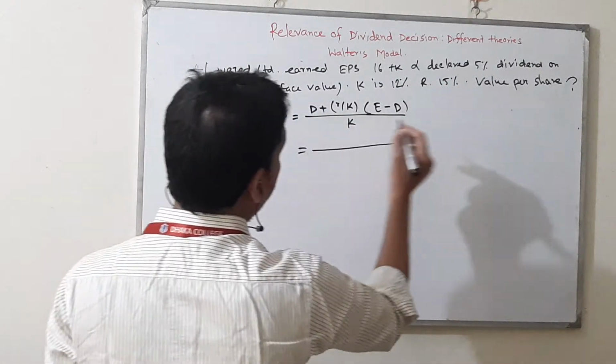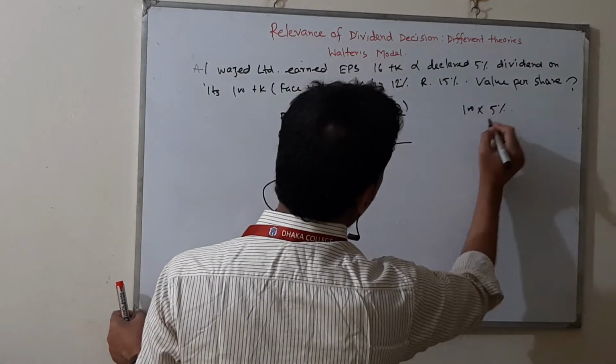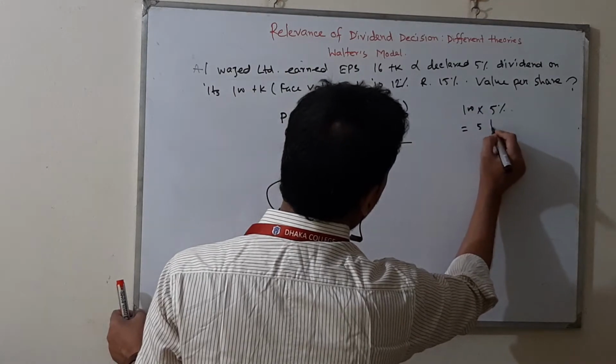So dividend per share is 100 taka face value into 5%, I mean 5 taka.